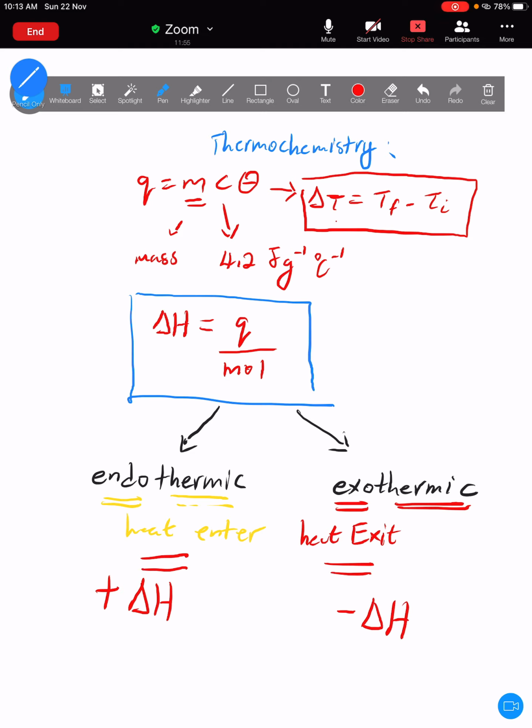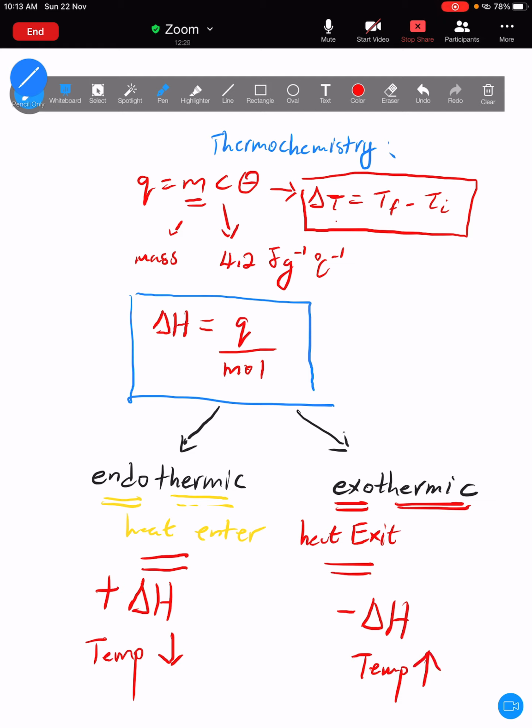Okay? And they are also related to temperature. If I'm talking about endothermic, I'm absorbing heat energy from the surrounding, will the temperature increase or decrease? It will decrease. Very good. And for the negative value, the temperature will increase.